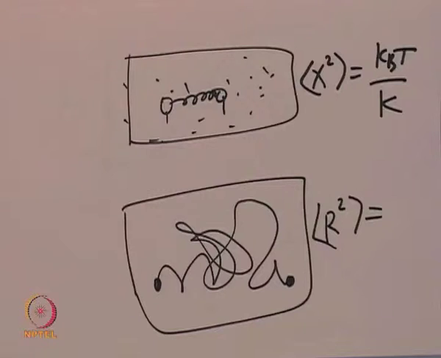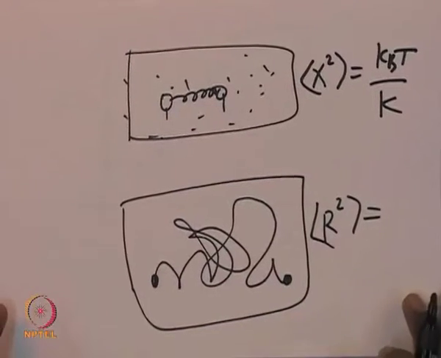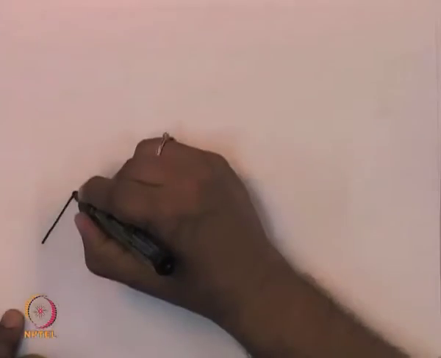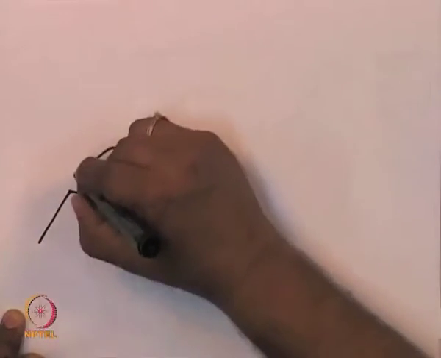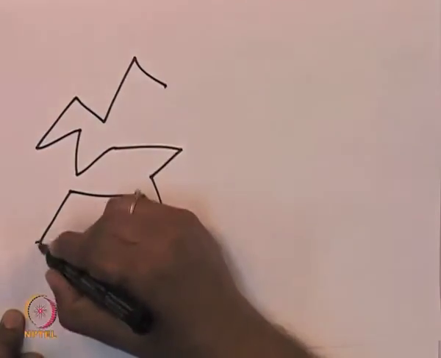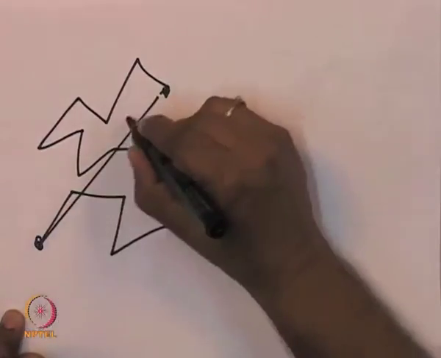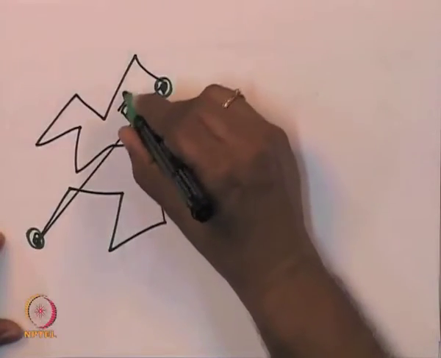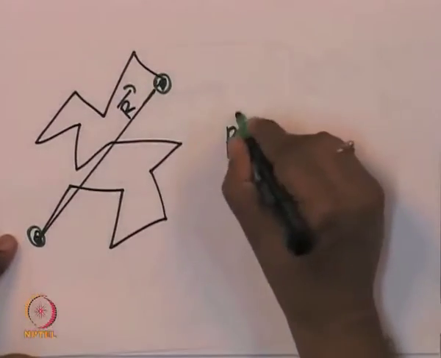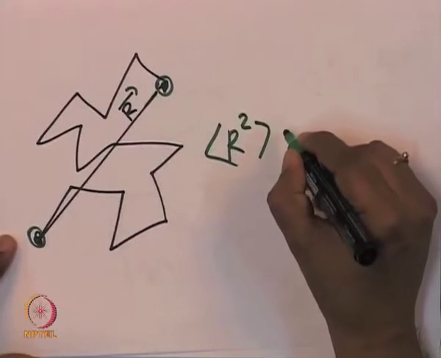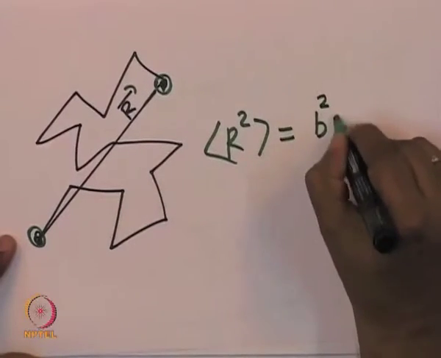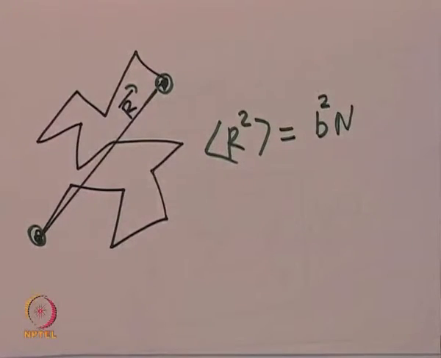This is something we discussed before: if you had random orientation for each of these monomers, and this distance from one end to the other end I call R, this R square average will turn out to be b square, the length of each subunit, times n.